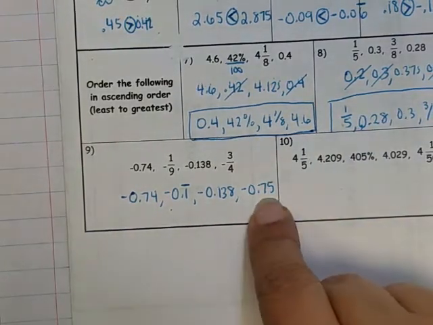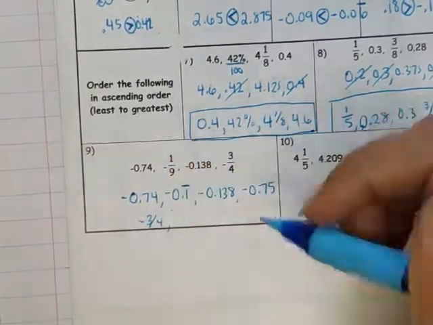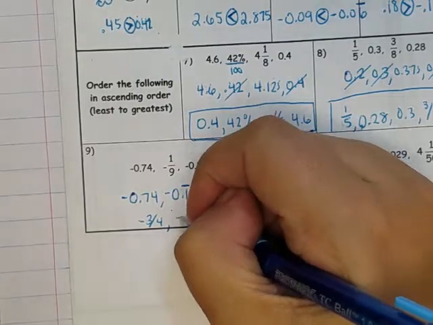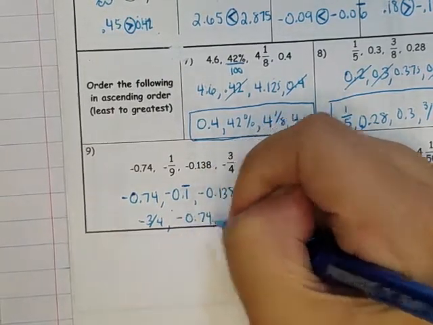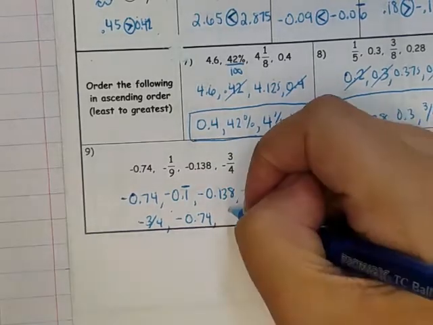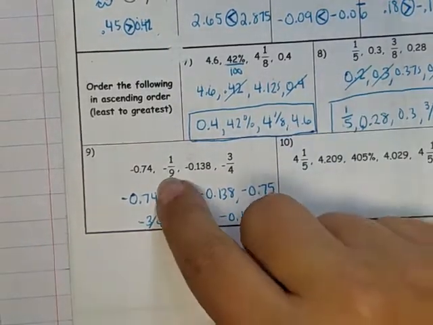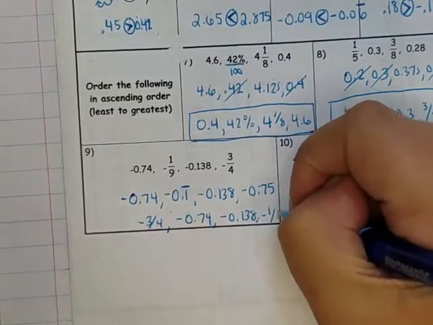So this one's actually going to be my smallest number. So negative 3/4 is my smallest number, and then negative 0.74 comes next. And then negative 0.138, and then my biggest value is actually negative 1/9.